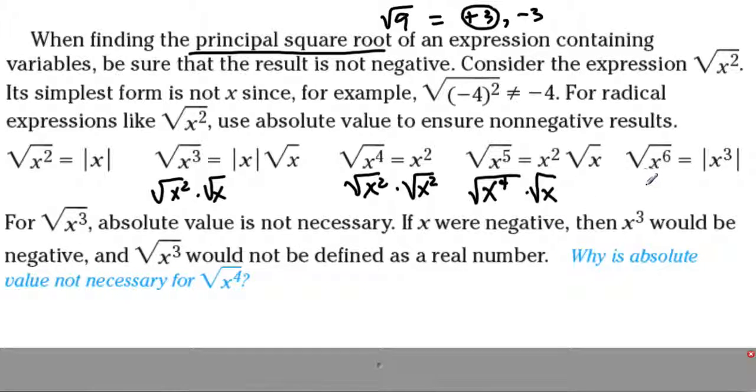So those are a little bit of the shortcuts there. And if you look at the absolute value of radical x to the 6 is the same as radical x to the fourth. Okay, sorry, erase that.